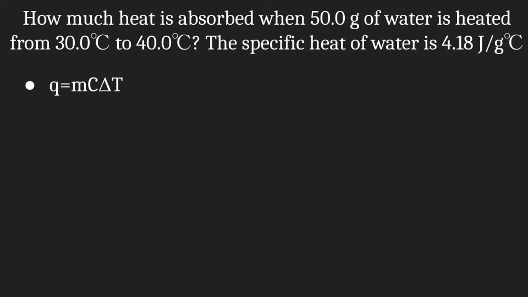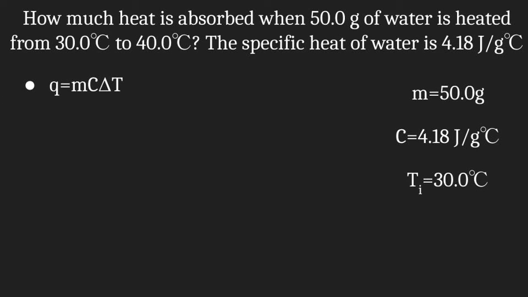We're told that our mass is 50 grams, and that our specific heat is 4.18 joules per gram degree Celsius. Now, we're not explicitly given delta T, but we're told our initial temperature and our final temperature. Since we're heating from 30 degrees Celsius to 40 degrees Celsius, T initial is 30 degrees Celsius, and our final temperature is 40 degrees Celsius.